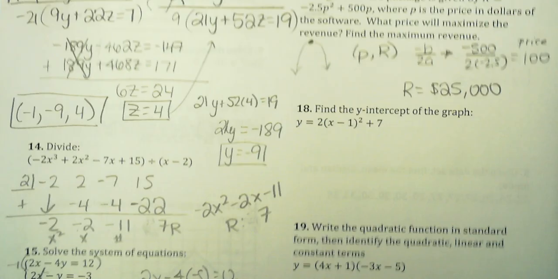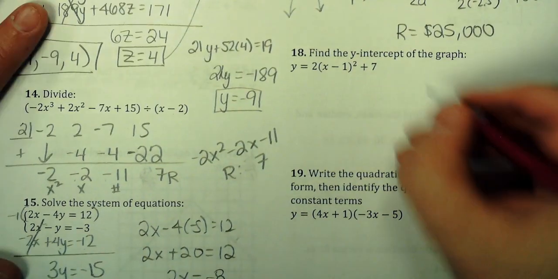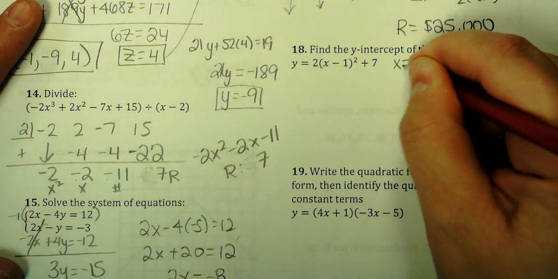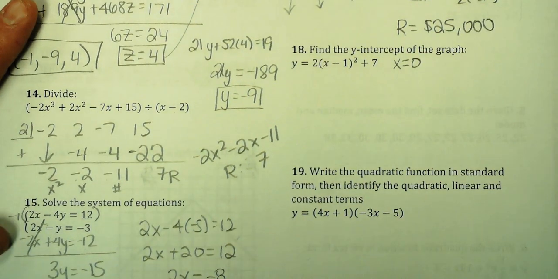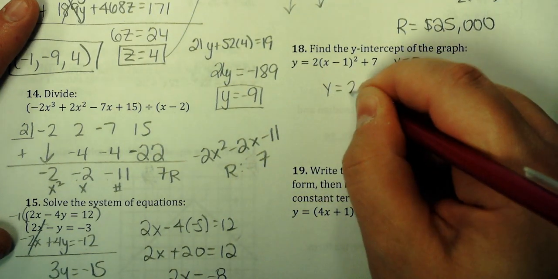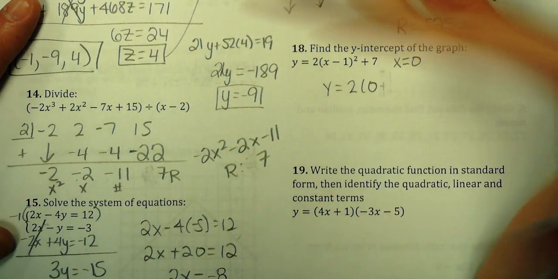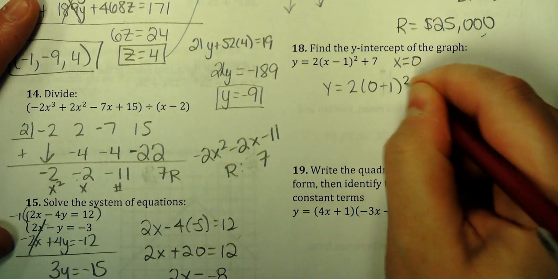Okay. Find the y-intercept of the graph. Don't anybody be writing 7. Y-intercept means you're crossing the y-axis, so the x value has to be 0. So what you want to do here, for the y-coordinate of that point, is to plug in 0 for x, and then simplify this.